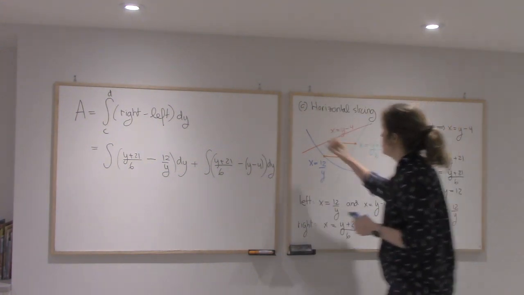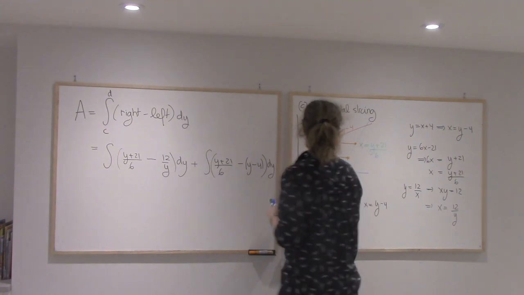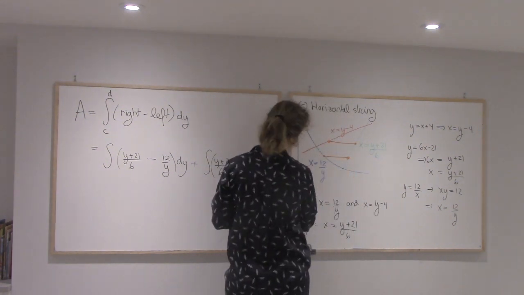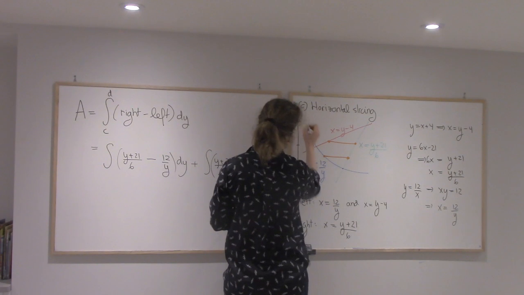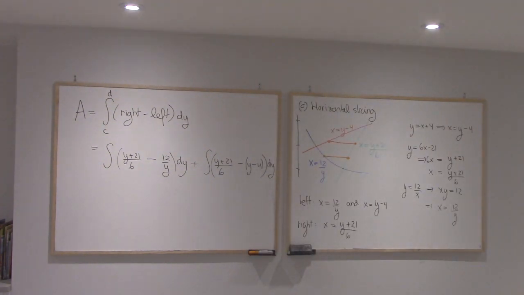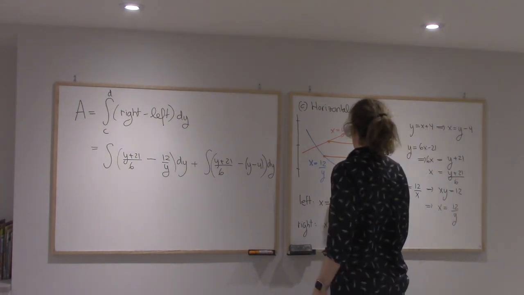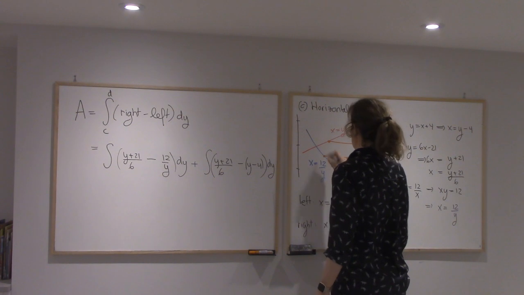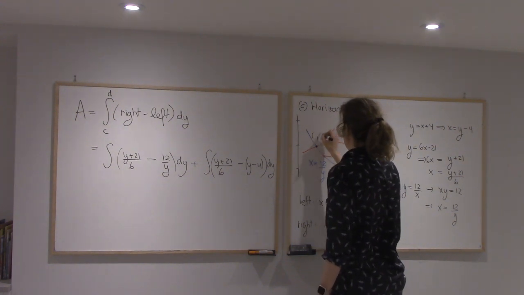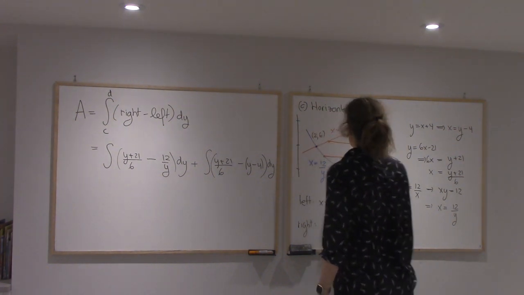So let me draw the y-axis right here. We found the coordinates of these points. At the moment, I don't remember, so let me go look. 3, 6, and 9. So the y value here was 3. The y value here was 6.